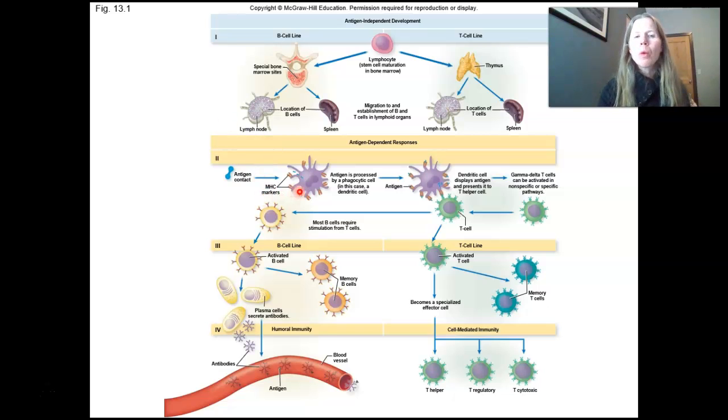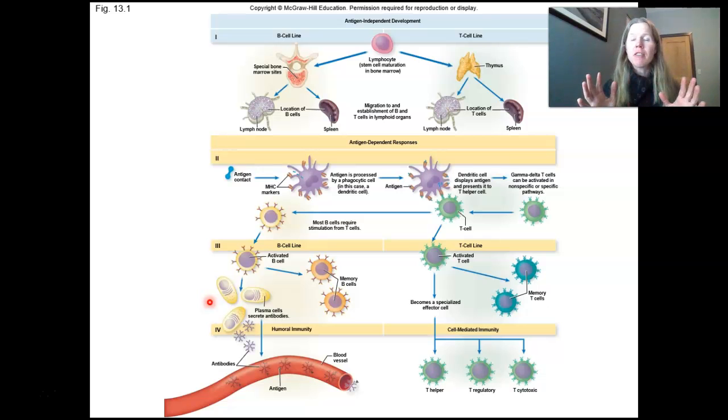What we're going to see is that B lymphocytes, to become activated, are going to need to be encouraged by T cells. But when they're activated, some of the B cells turn into what is called a plasma cell.